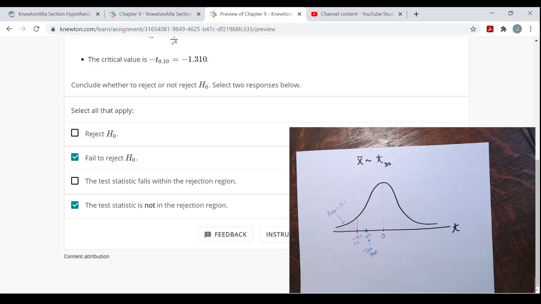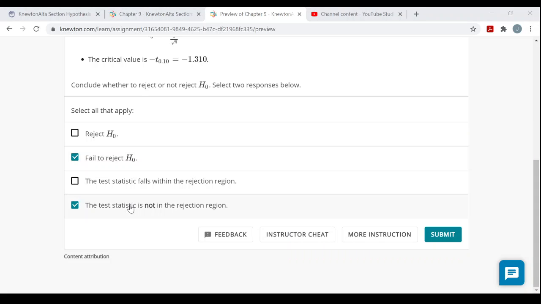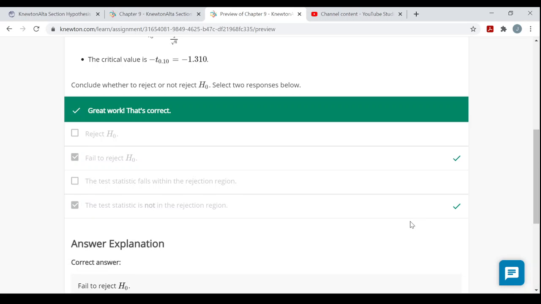All right, you have to answer both, and those go hand in hand. If you're saying that you fail to reject the null, that means the test statistic was not in the rejection region. And the other two go hand in hand: if you reject the null, that means the test statistic is within the rejection region. Okay, and I believe there's a second part to this question.